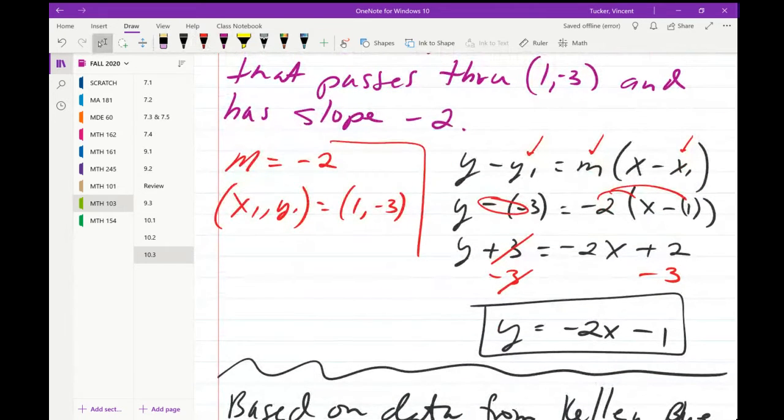And y is equal to -2x minus 1. All right, any questions on that?